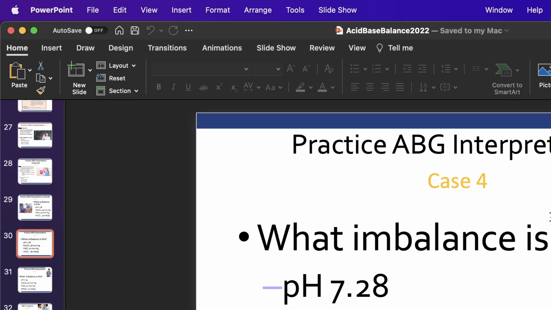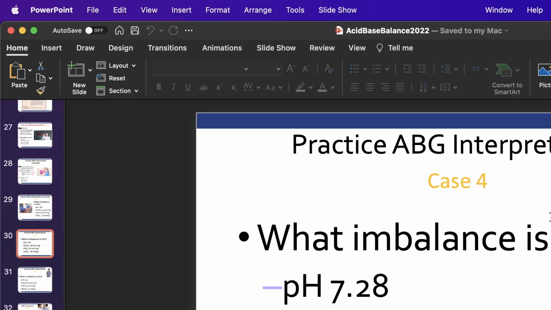Okay. Case study number 4 on your handout. All right, so our pH here is 7.28. What are we going to give it? A. Our PaCO2, norm is 35 to 45, our CO2 is 28. B. PaO2 is 70, so mild. And then our bicarb is 18.